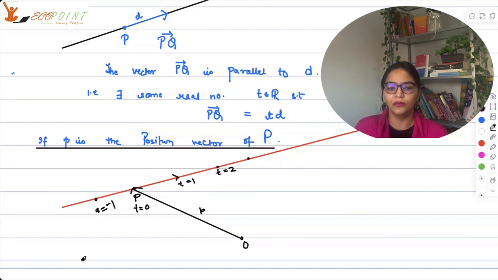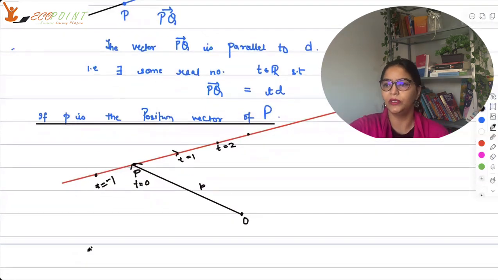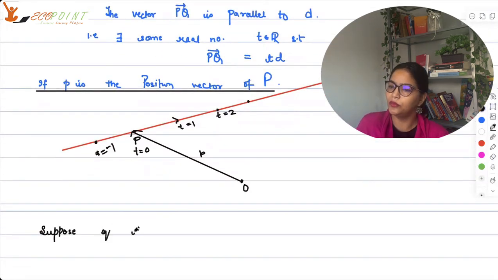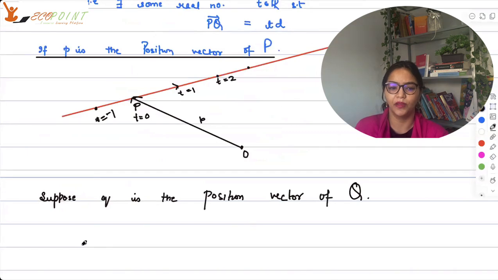Now, this tells us one important thing here. Suppose q is the position vector of the point Q. Then can you see something? The vector PQ is nothing but q minus p, the difference between the two, right?